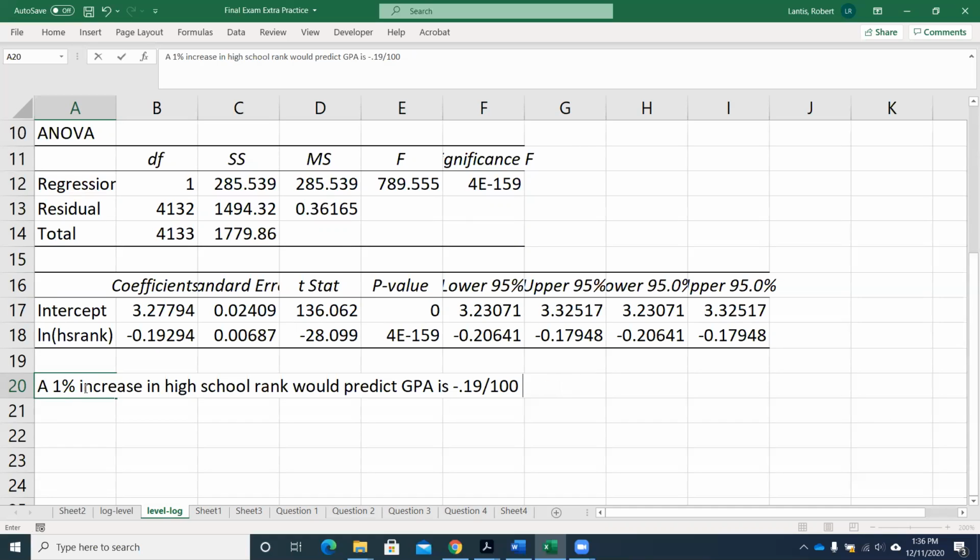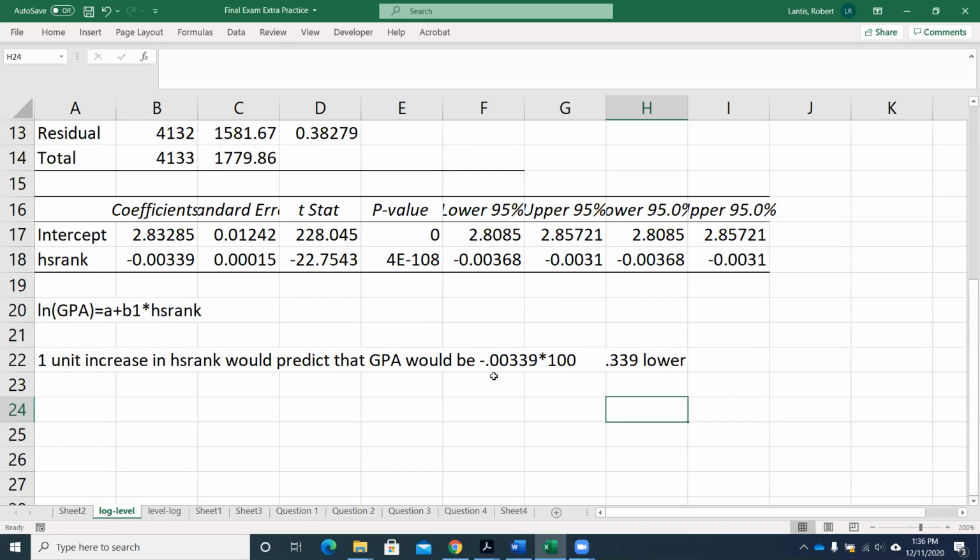Then we just say it as a percent. So it's going to be 0.0019% lower, since we have a negative sign there. So level log, we're going to divide by 100. Log level, we're going to multiply by 100. Okay.